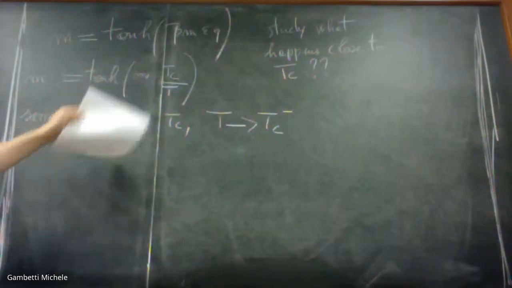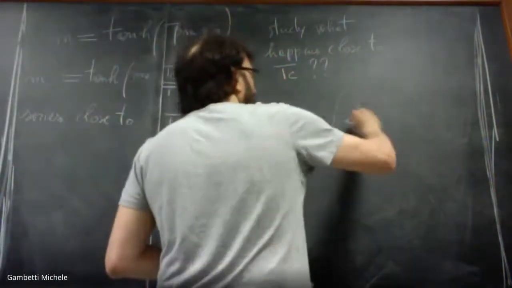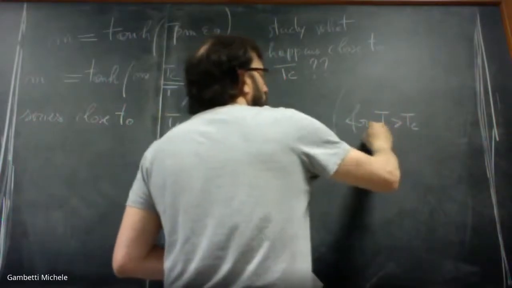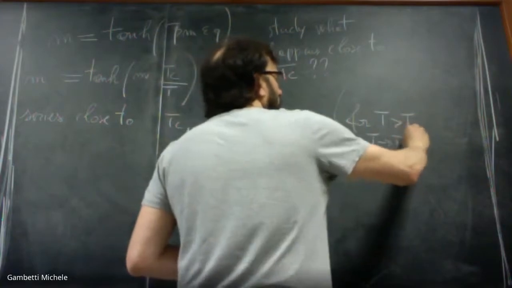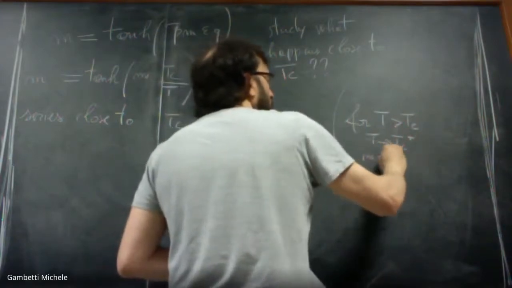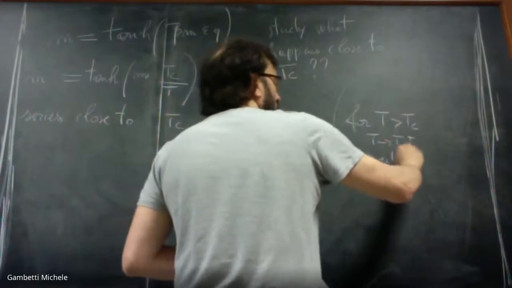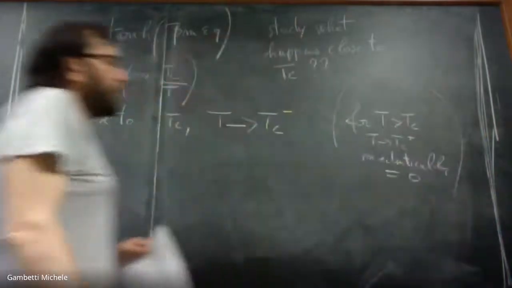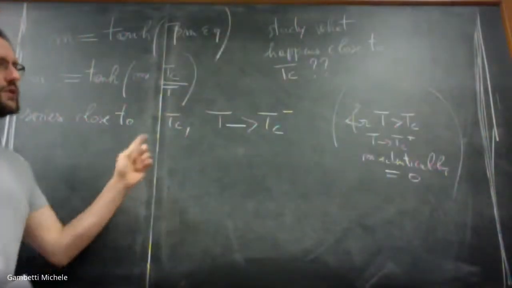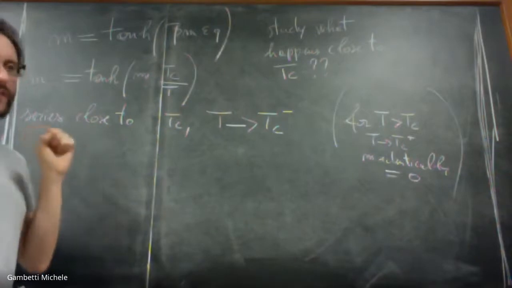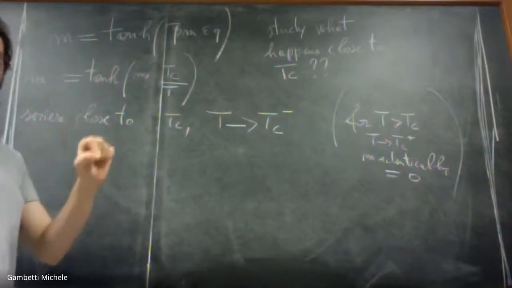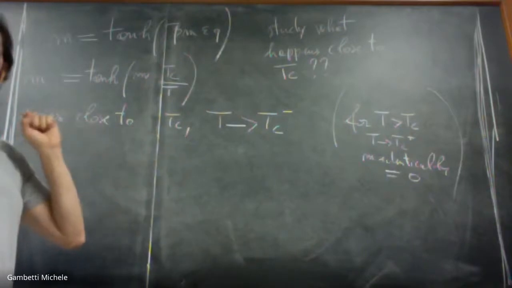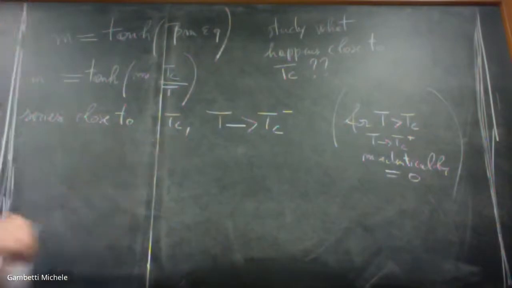For T larger than Tc, or T approaching Tc from above, we know that M is identically vanishing. Whereas in the case of T approaching Tc from below, the magnetization goes to zero, but the limit is not zero, in the sense that we will see that actually there is a divergence of the derivative. So now we'll do the calculation.